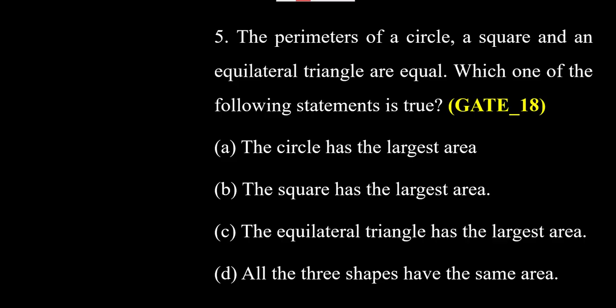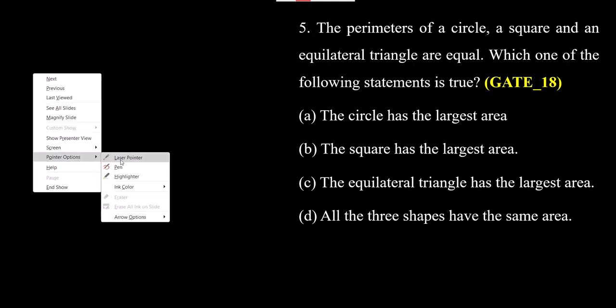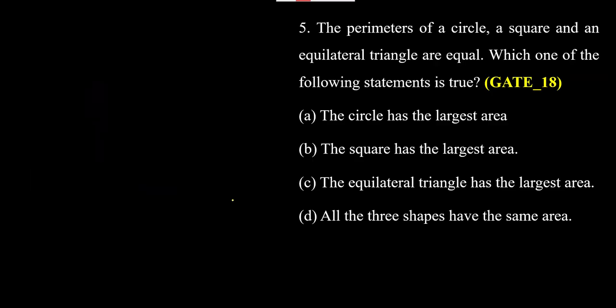What is the perimeter of circle? Perimeter of circle, length of the circumference of circle, both same. Perimeter of circle 2 pi r, square perimeter, let's say 4a, equilateral triangle 3s. All these are equal as per the question.